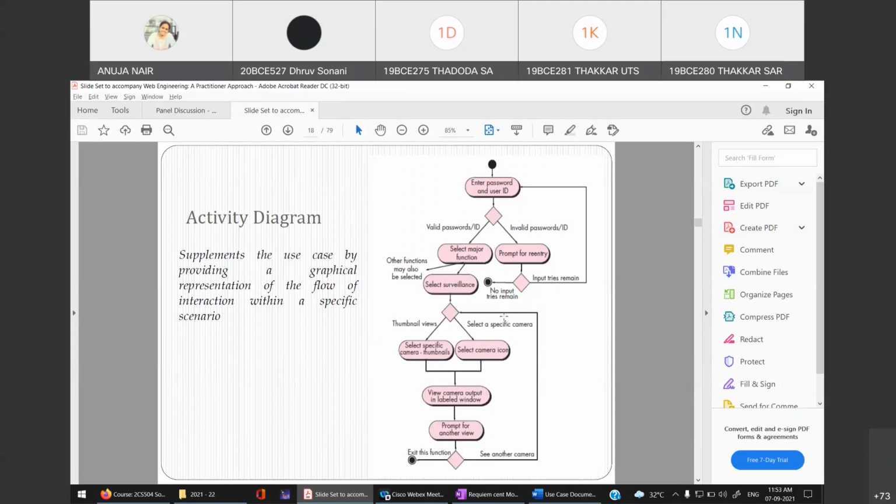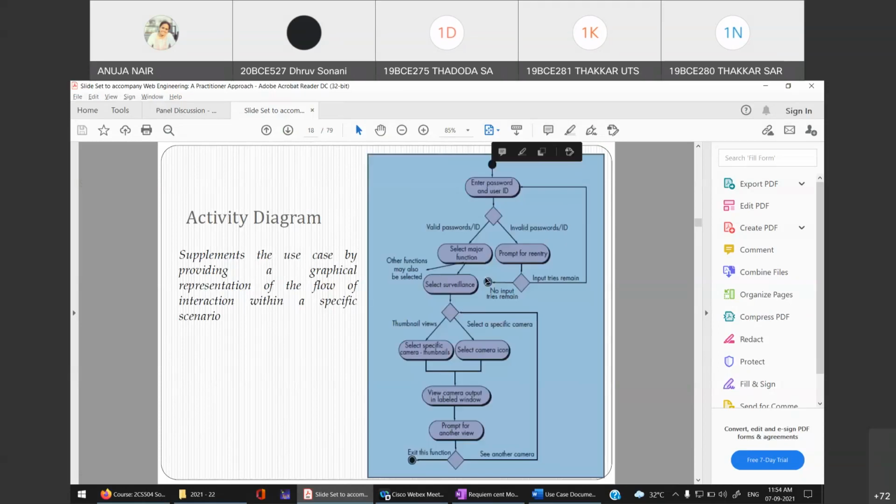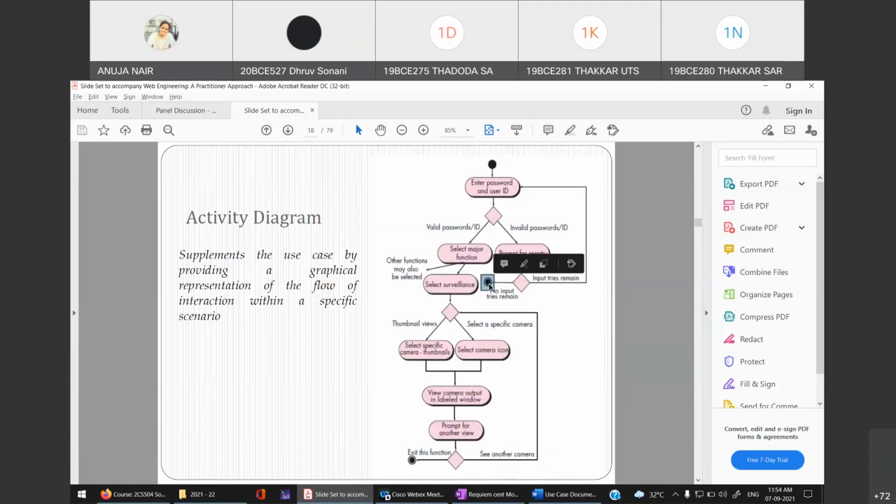If I read this activity diagram, this is my start, and then this is my end. I can have multiple ends, depending upon the conditions that you have. So let me convert this use case diagram into an activity diagram.